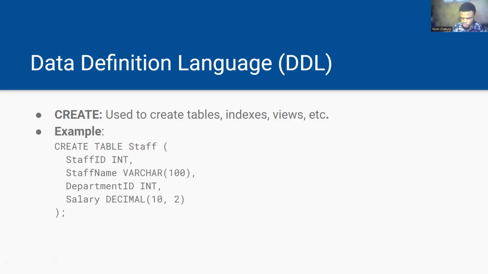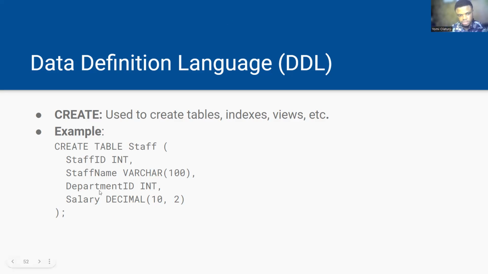We have different types of data types in a database. We have things like integer, which is a number. We have string, which we can call text, and most times in a database we use things like varchar or nvarchar to represent that.